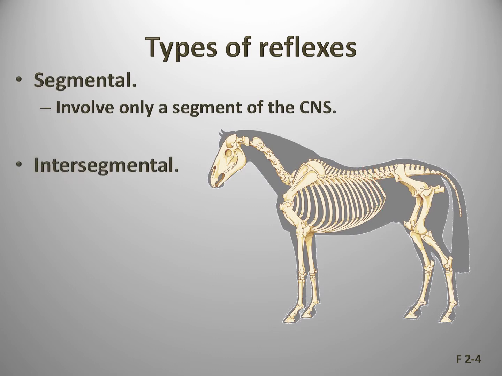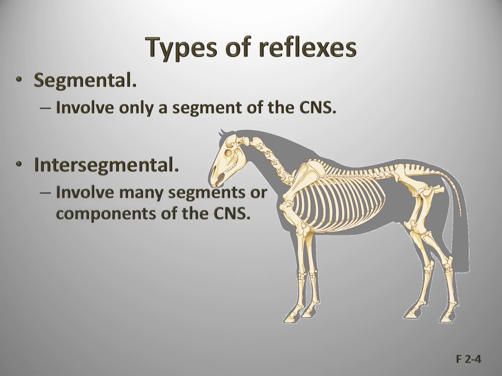The second type of reflex is the intersegmental reflex. These require the involvement of several segments or portions of the central nervous system. Imagine a tack or nail on the floor.